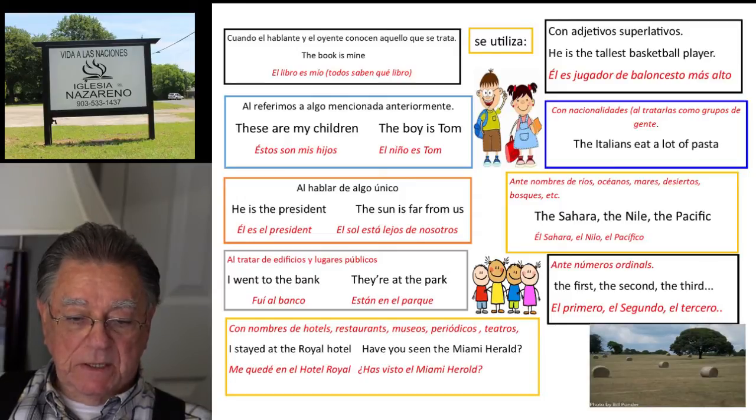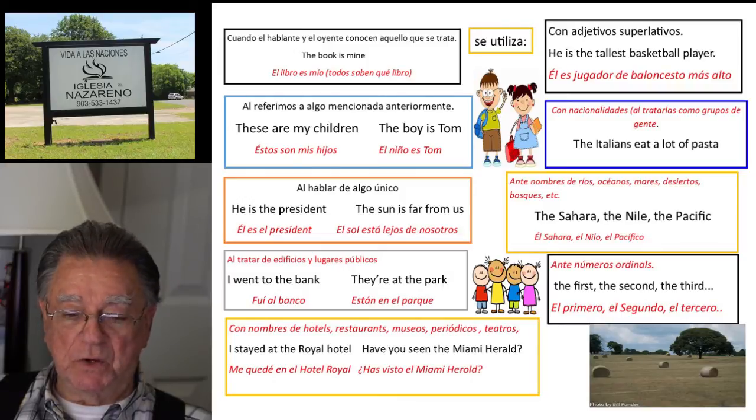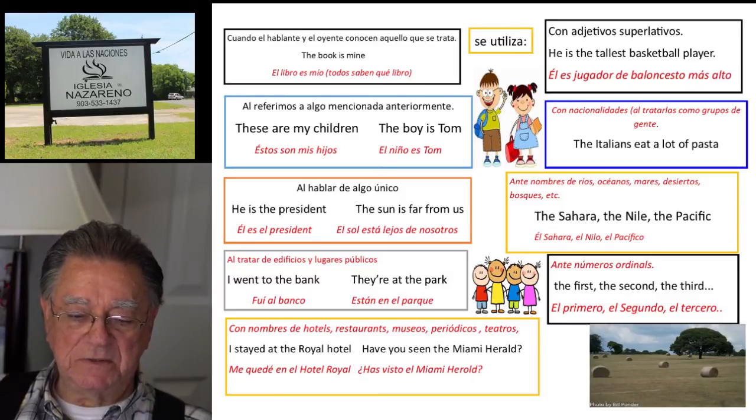Con nombres de hoteles, restaurantes, museos, periódicos, teatros. And here we have, I stayed at the Royal Hotel. I stayed at the Royal Hotel. Okay, the is a key word. I went to the bank. I stayed at the hotel, the Royal Hotel. Okay. Have you seen the Miami Herald?